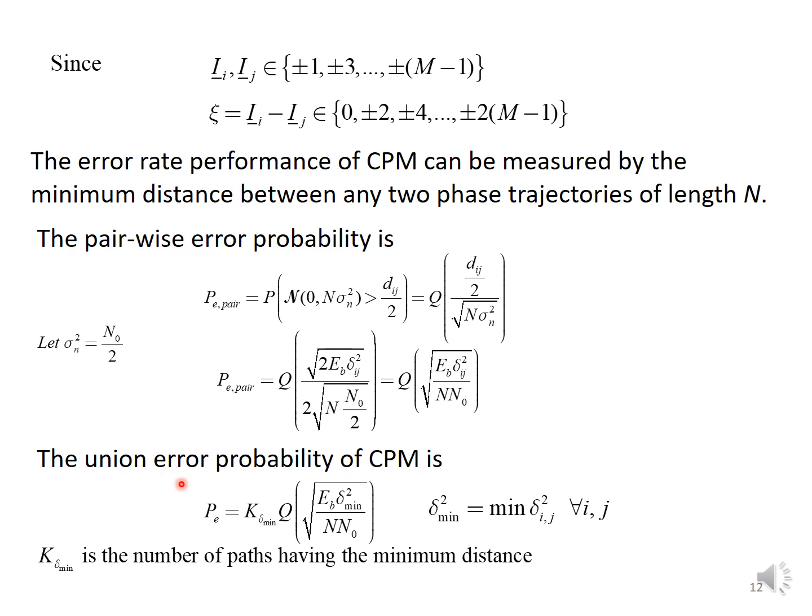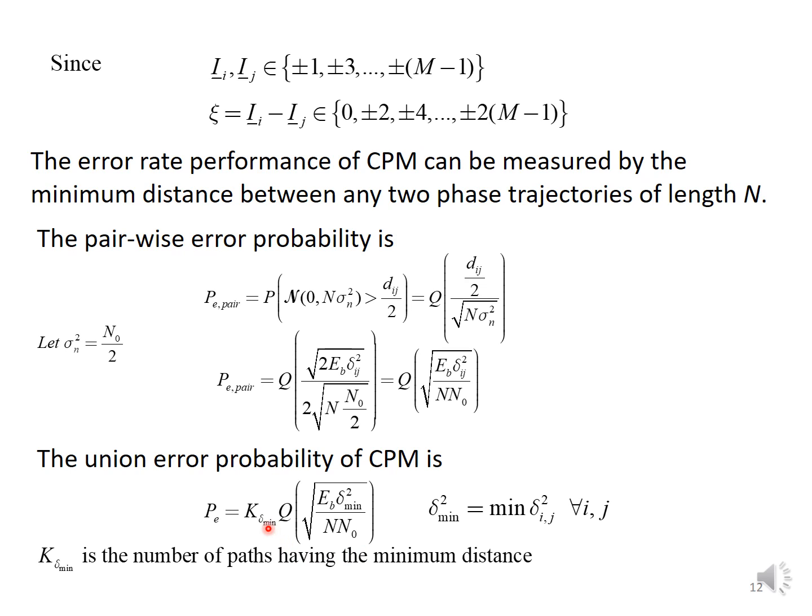And the union error probability of this continuous phase modulation depends on how many paths have the minimum distance. The number of paths that have the minimum distance, and each minimum distance pair has the error probability of this Q function, similar to M-ary QAM or M-ary PAM, right?